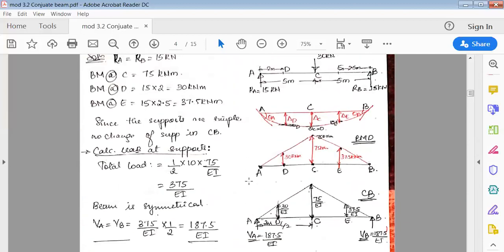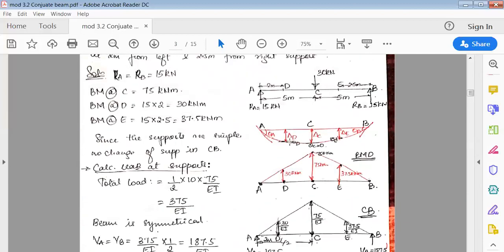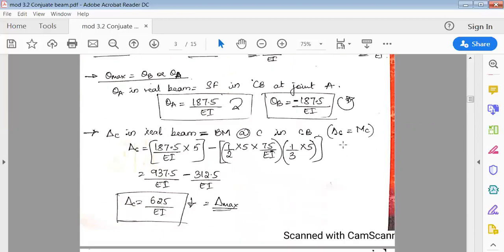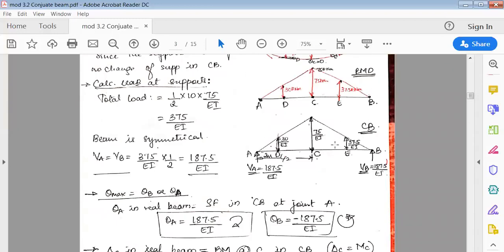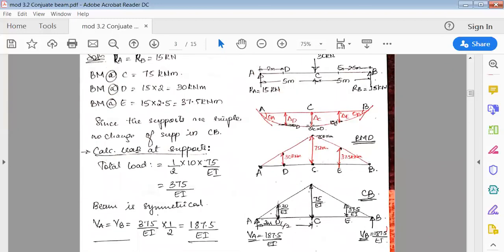You can see here, to the left side of C, theta D is positive, theta E is negative. So to the left side of C, they are all positive rotations. To the right side of C, they are all negative rotations. And of course, you'll get maximum deflection at C. At D and E, they are comparatively lesser.